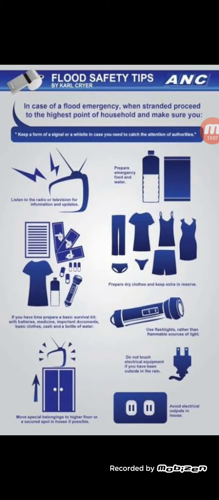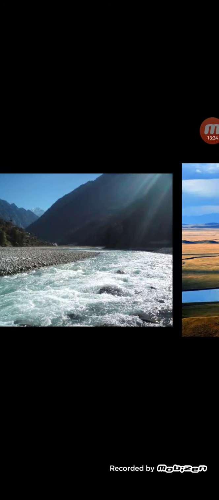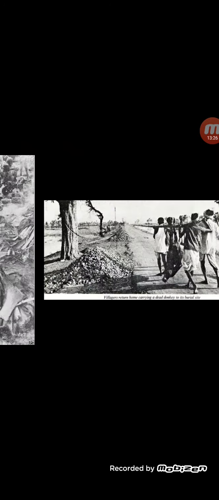And when you get a cyclone warning, store adequate drinking water and food grains in waterproof bags, and don't go outside, especially into the sea. Otherwise we will face so many problems. See what kind of problems are faced at the time of cyclone.